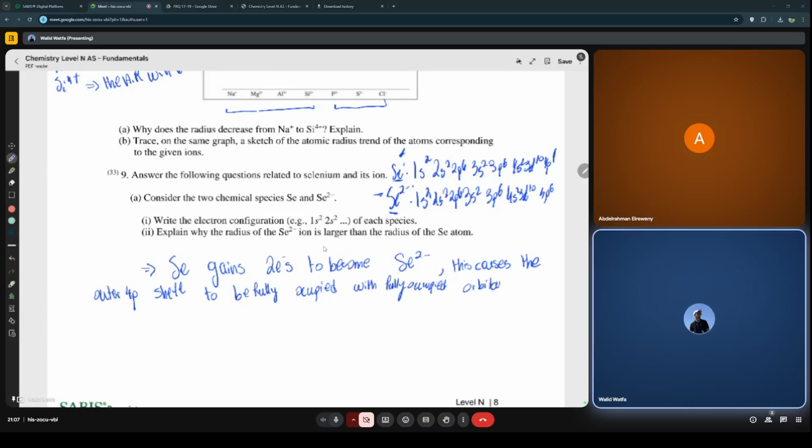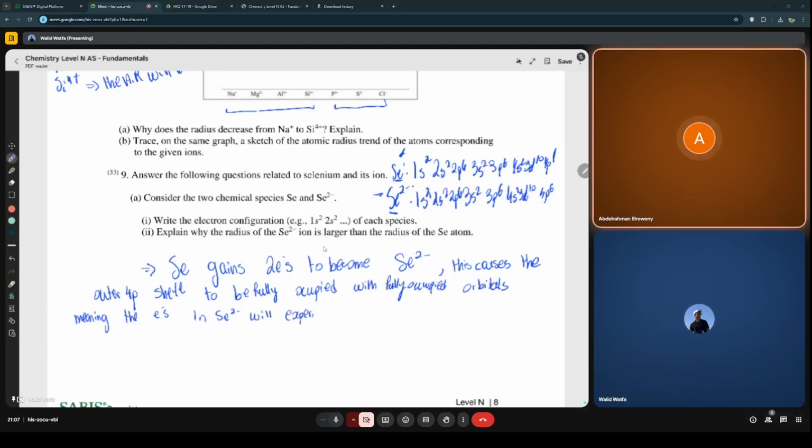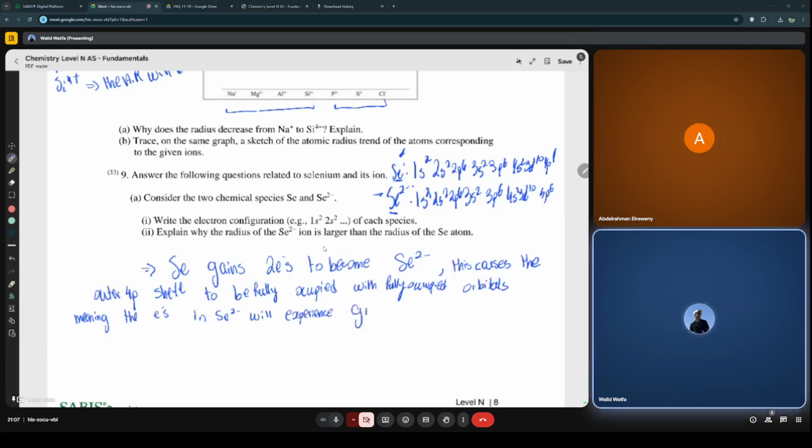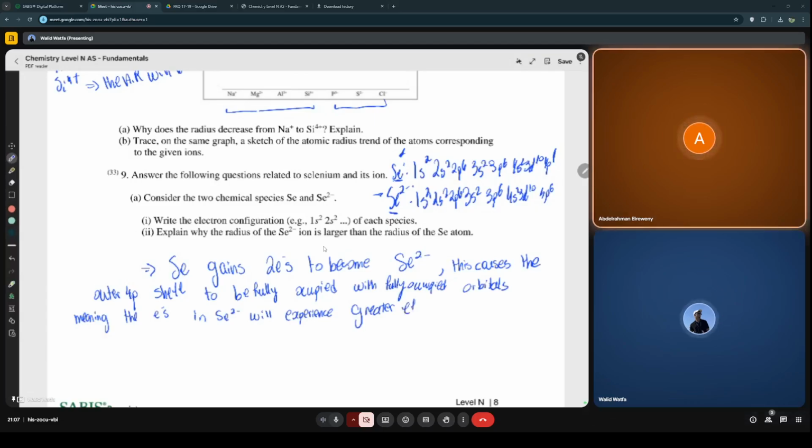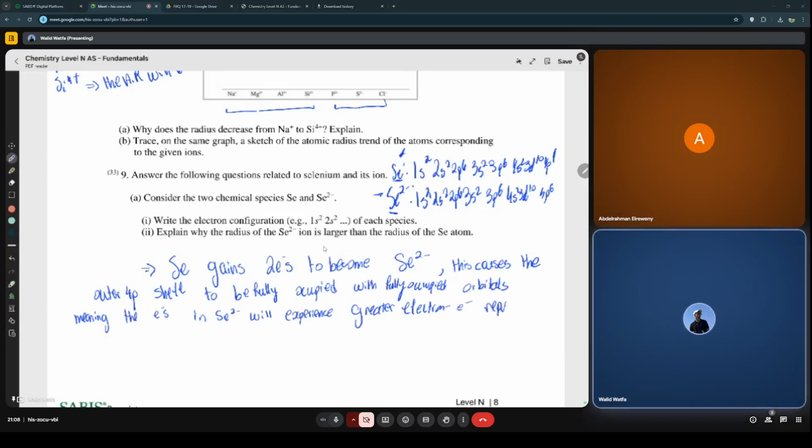Orbitals, right? Because the orbitals are the ones that have one, one. Okay, with fully occupied orbitals, meaning the electrons in Se2 minus will experience what? Extra repulsion. Greater electron-electron repulsion.